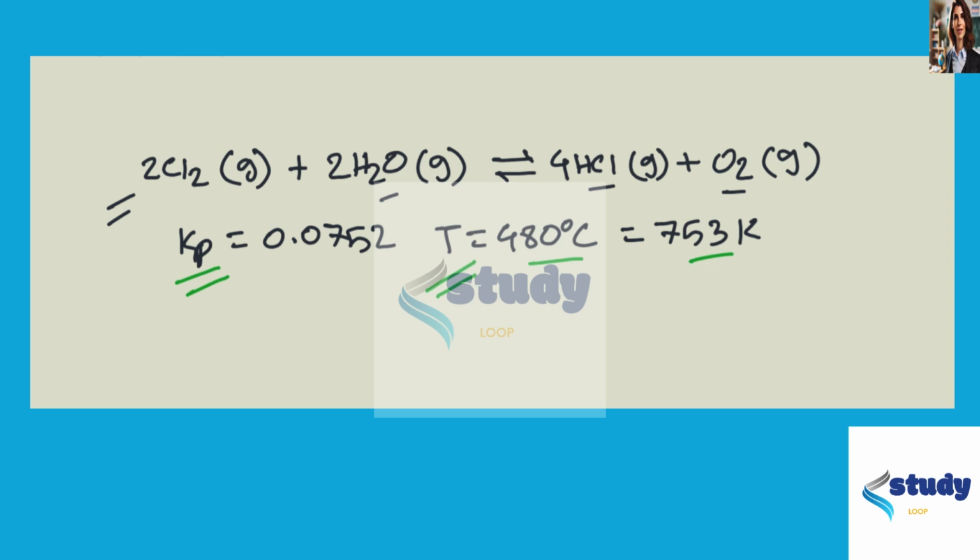So before we start solving the problems, we'll first write down the expression for Kp of this reaction. The expression of Kp will be the partial pressure of the products, that means PHCl, and since we have 4 HCl, the power here will be 4, times the partial pressure of O2.